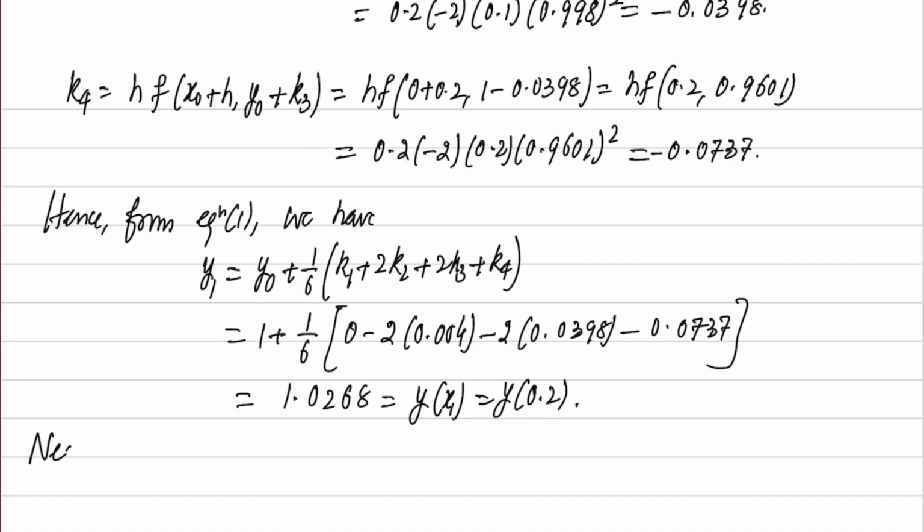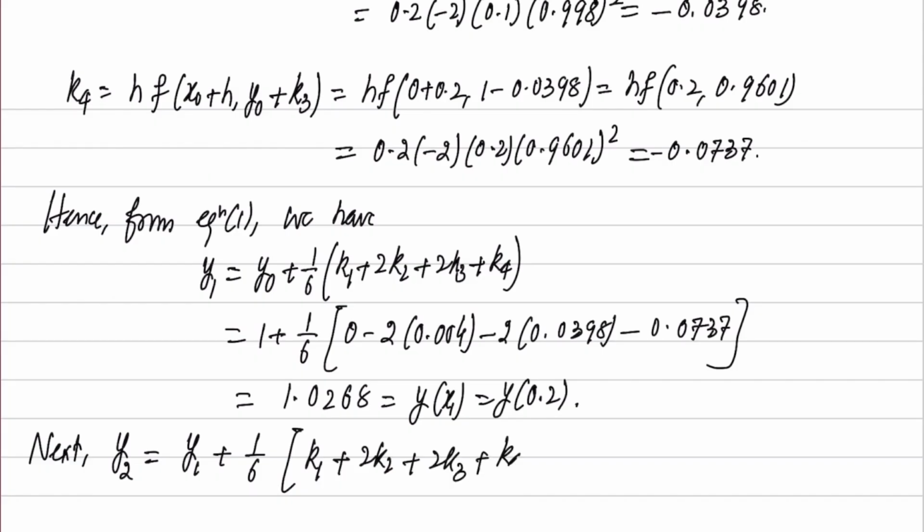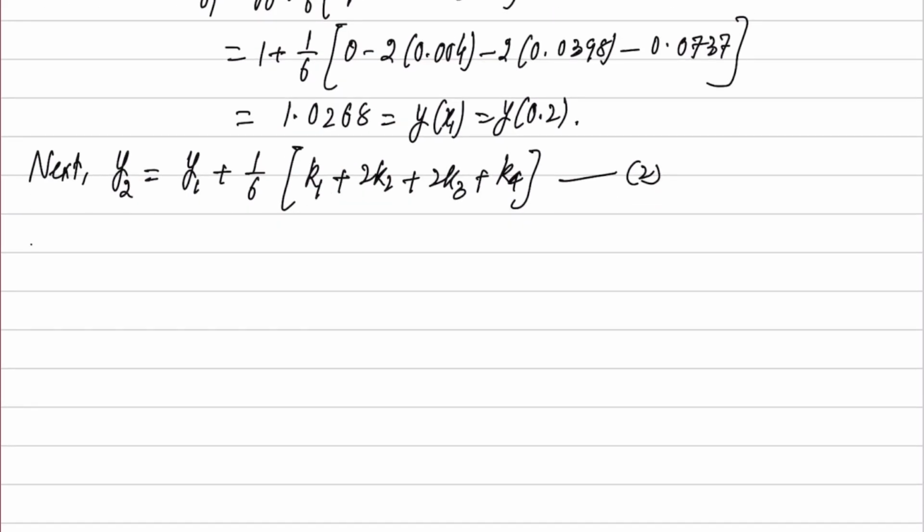So next, in the given formula for y n plus 1, we put n equal to 1 and we get y2 as y1 plus 1 divided by 6 times k1 plus 2k2 plus 2k3 plus k4. Let's call this equation number 2, where we again recompute these ki's. Now k1 is equal to h f of x1 y1.